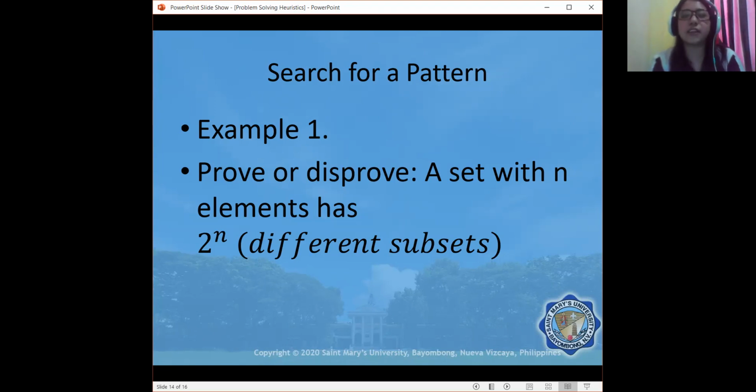For us to determine that, if you are given a set with n elements, the number of subsets is 2 raised to n, we need to explore.